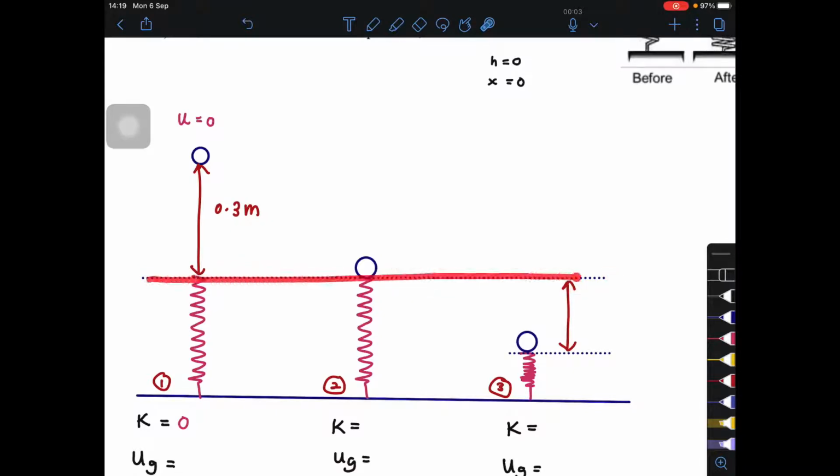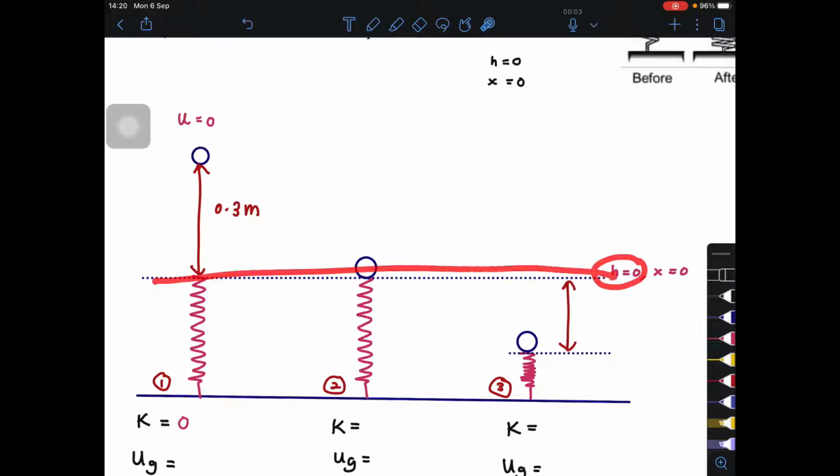Position di atas spring ni, h sama dengan kosong, x pun sama dengan kosong. Kenapa kita pilih h sama dengan kosong? Nanti kita akan tengok. Actually, kalau kita pilih h sama dengan kosong dekat sini, mathematics dia lebih simple berbanding kalau kita pilih dekat sini h sama dengan kosong.